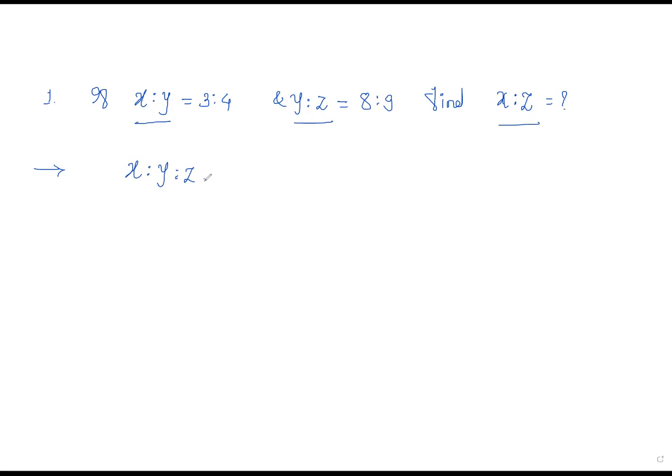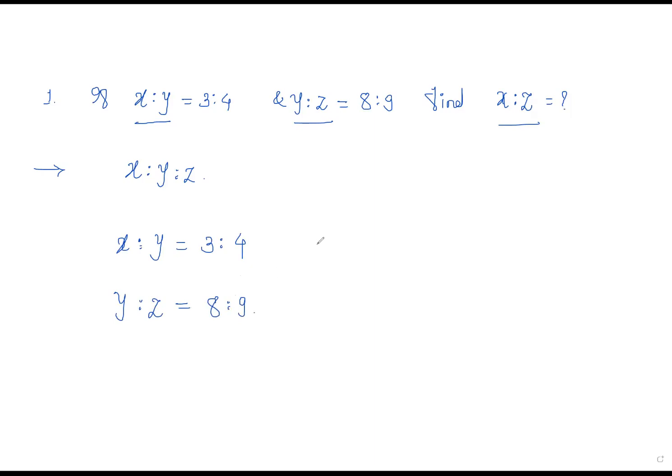x is to y is to z. So here x is to y is given, that is 3:4. Then y is to z has been given, that is 8:9. So what to do here?